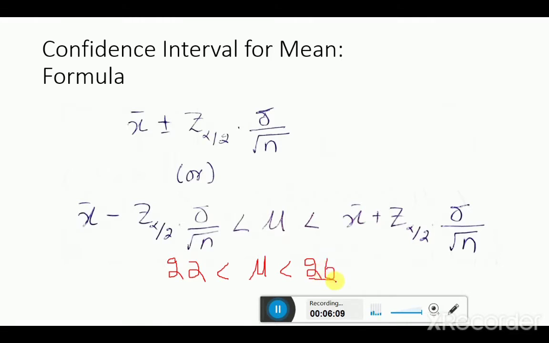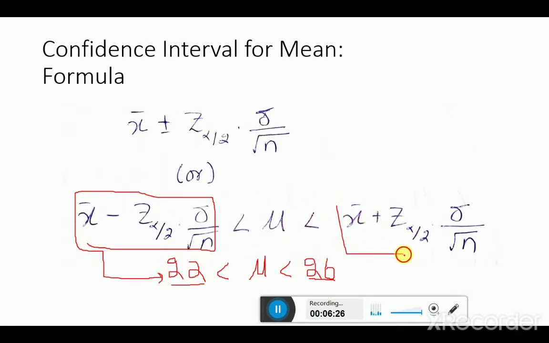Here 22 is known as your lower limit and 26 is known as your upper limit. When you solve the minus equation, it gives you the lower limit 22, and when you solve the plus equation, this term will give you the upper limit, which is 26.